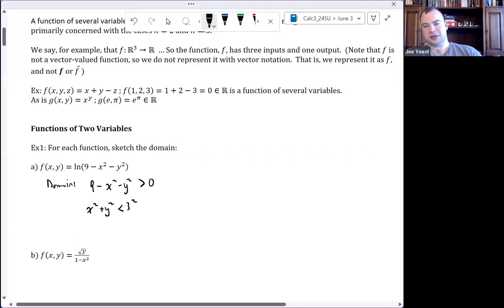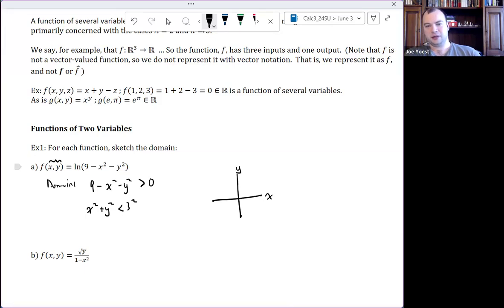Well, I know this boundary is going to be a circle of radius 3 in the xy plane. Remember, the xy plane here is not representing one input and one output, but an ordered pair of two inputs. And then the output would be something else.